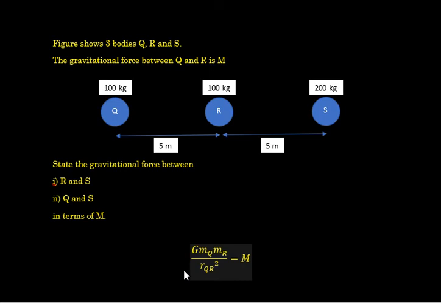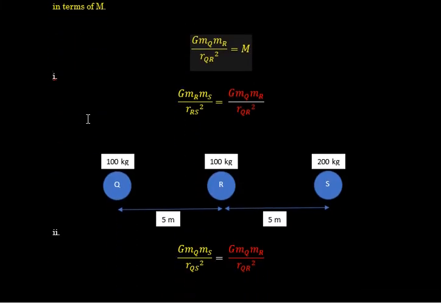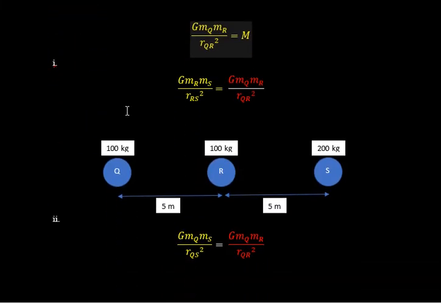We will write the equation for the gravitational force between the two bodies and equate it with the equation of M and see if it balances on both sides. If it doesn't balance, then we will balance it. Let's look at how the approach works. To save time, I have already written down the equations here.